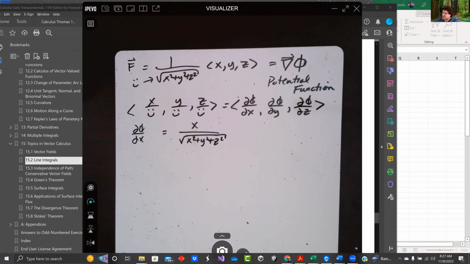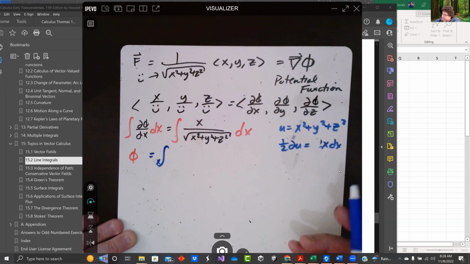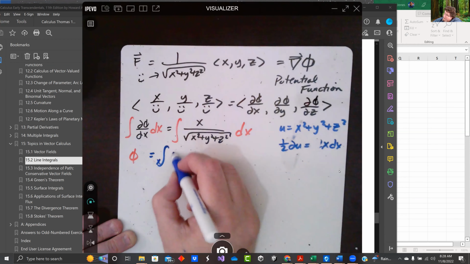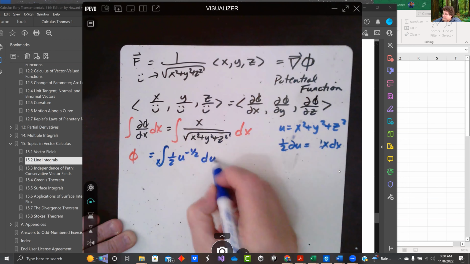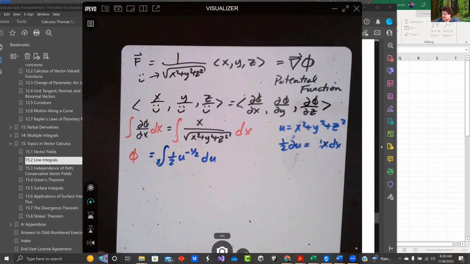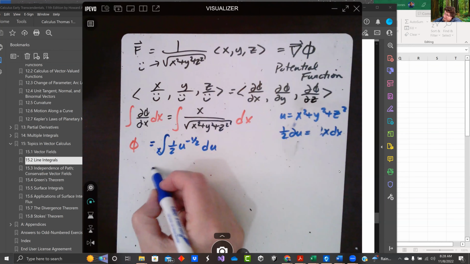I need to go back to x for a second, but I'm just going to use u for now. This is 1/2 u to the negative 1/2 du. So if I go up a power, it's u to the 1/2 divided by the power. The 1/2 out front goes away.